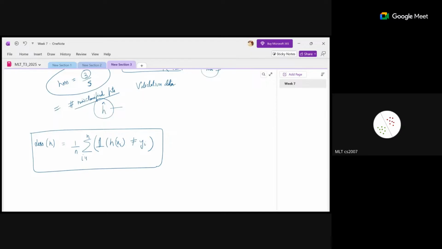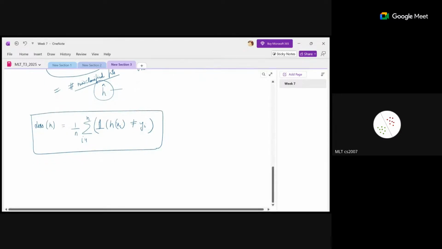Now, we'll see there is some problem with this loss that we have defined. Just like the linear regression problem, here also we are looking for a linear classifier.